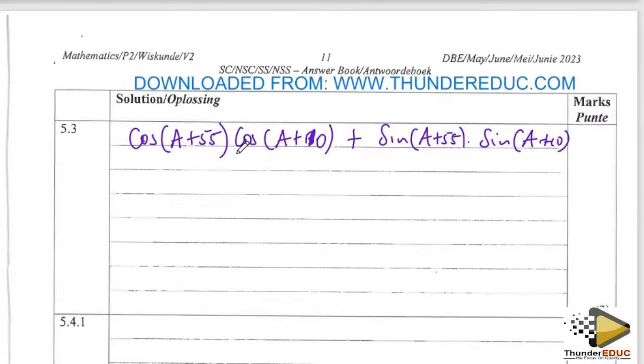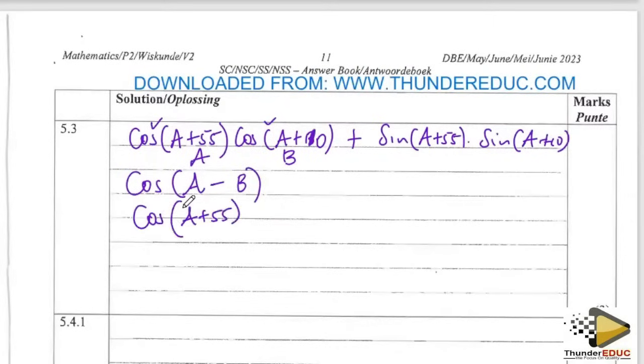From the compound formula, I can see that we are combining just cos. So if that is my A and that is my B, if I have the cos of A minus B, that's when I can expand this whole thing. I have cos plus when there's minus in between. So I'm going to have cos of A plus 55 minus the A plus 10.